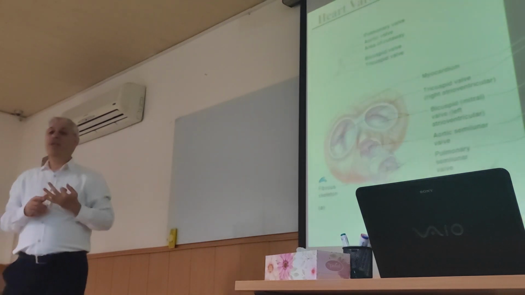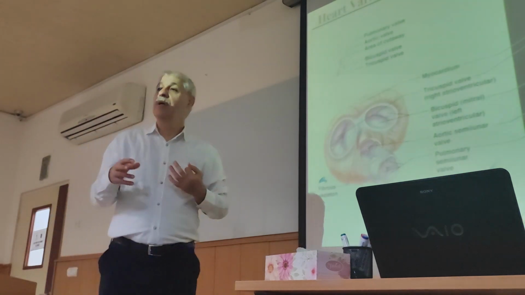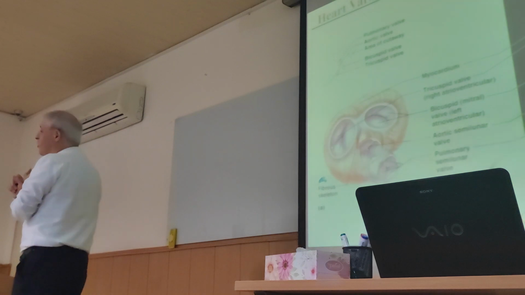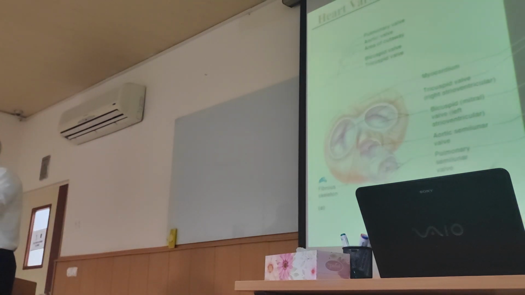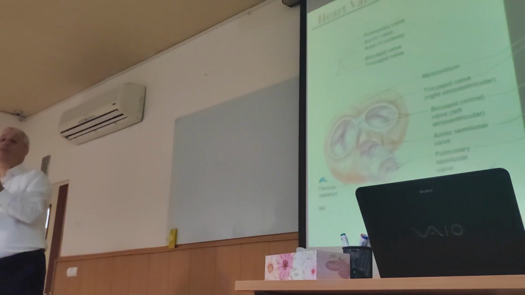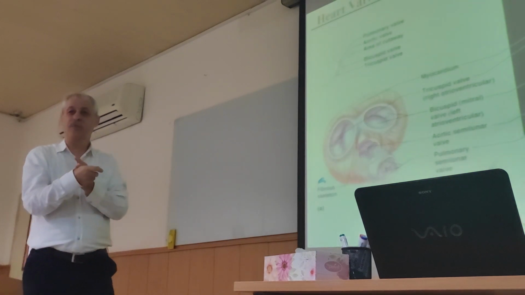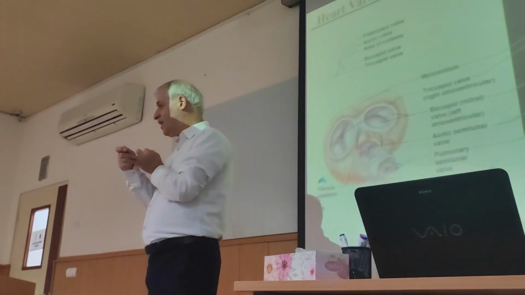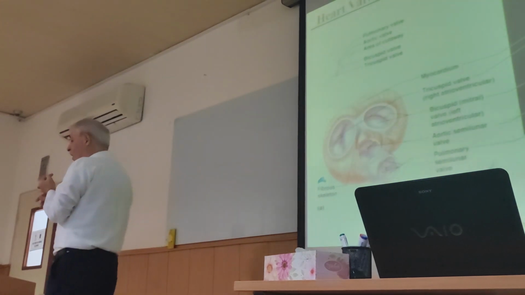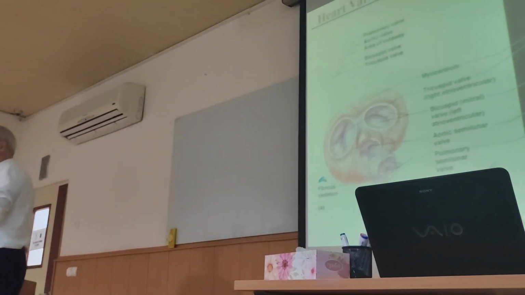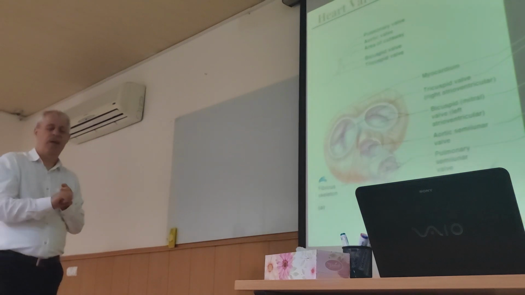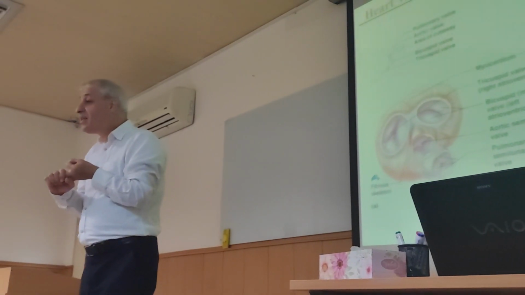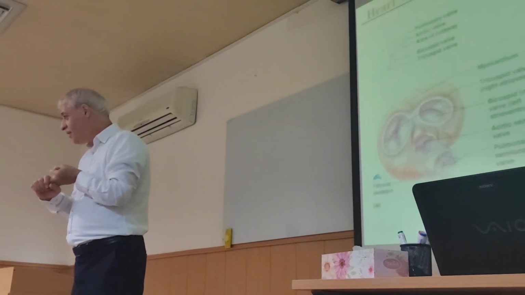In the angiography report, you can see if this system is blocked. If the RCA is blocked, it is called one vessel. If RCA and left anterior descending are blocked, it is called two vessel. If RCA, circumflex, and LAD are blocked, it is called three vessel coronary artery disease.